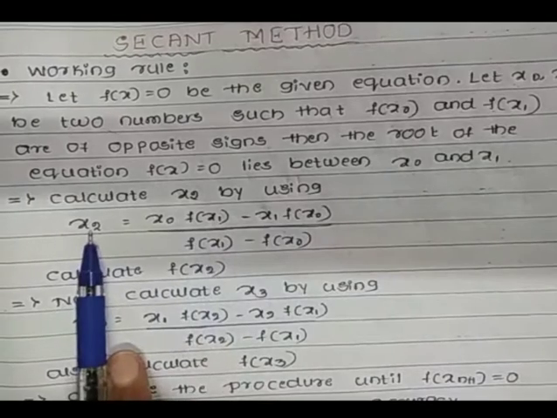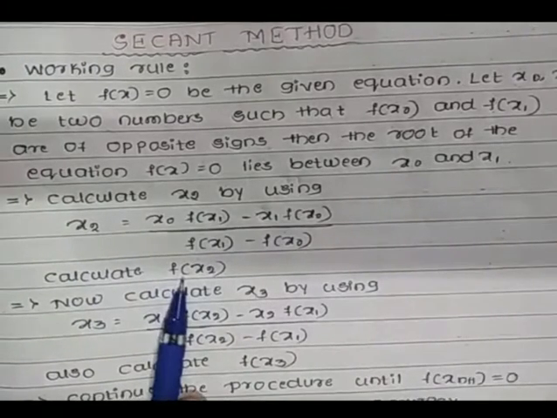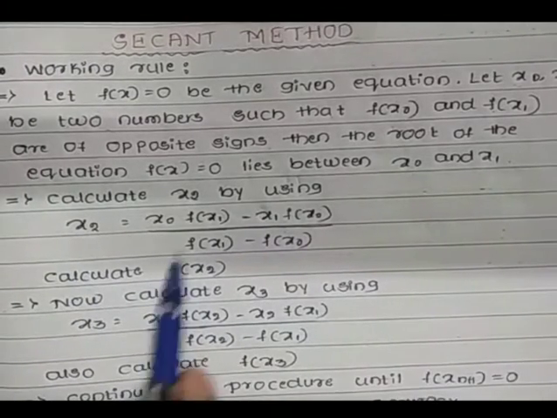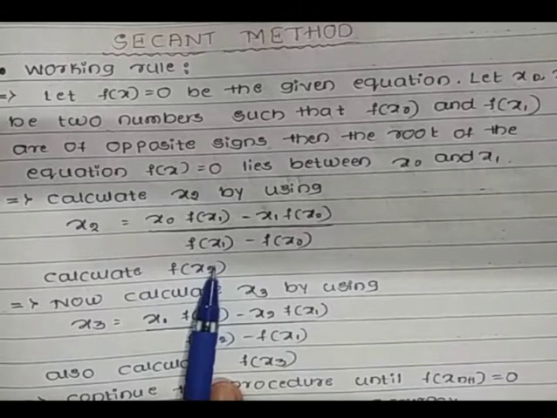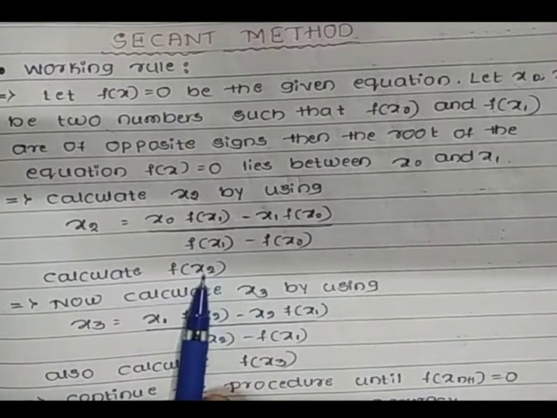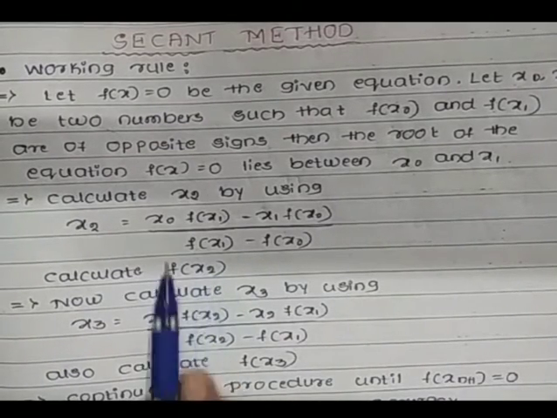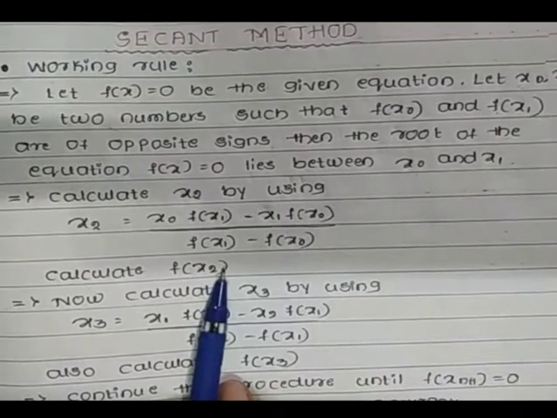Once we calculate x2, then calculate f of x2. It is not required here to examine the sign of f of x2. It is not required to check whether f of x2 is a positive term or a negative term.